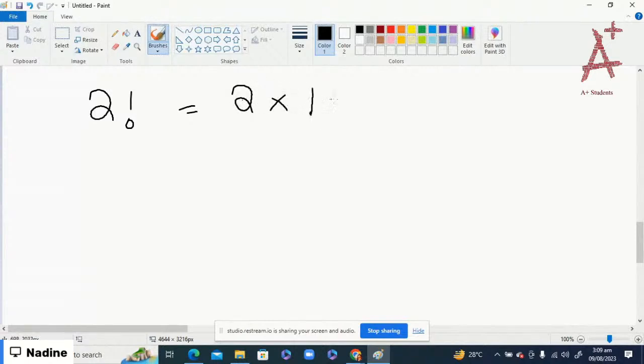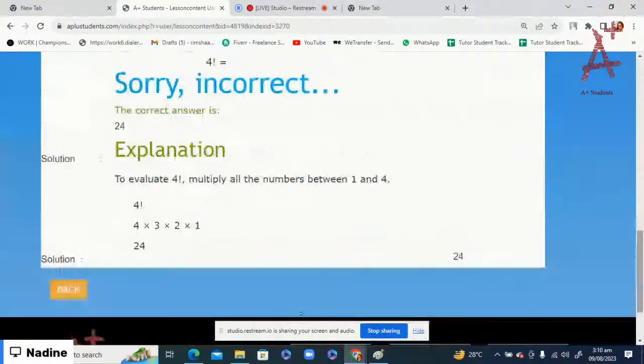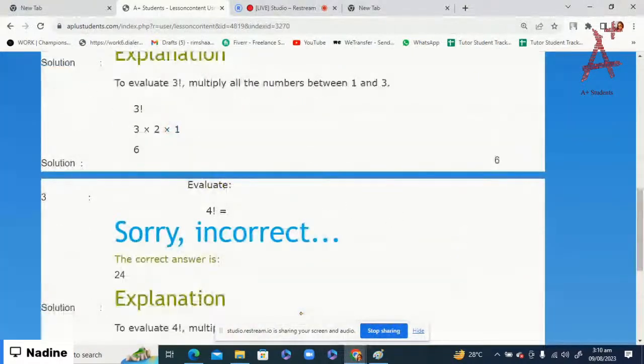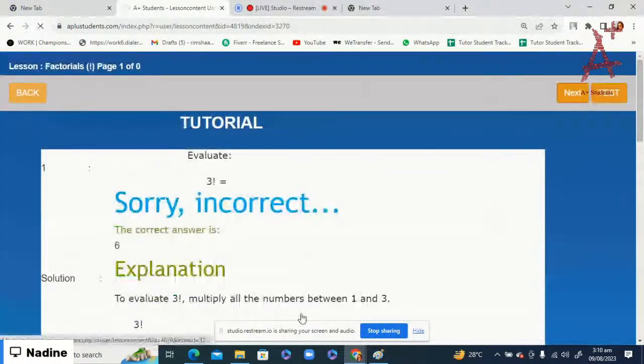So 2 times 1 is 2 here. Okay? All right. Let's solve the next one. Good. Well done.